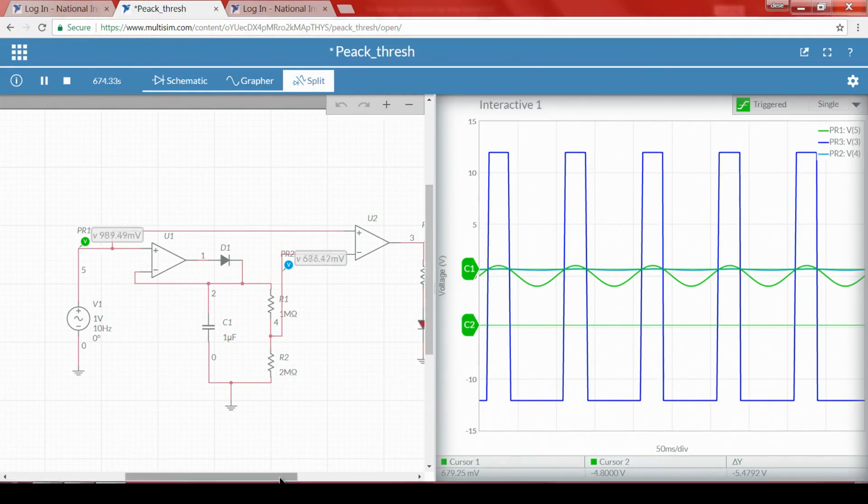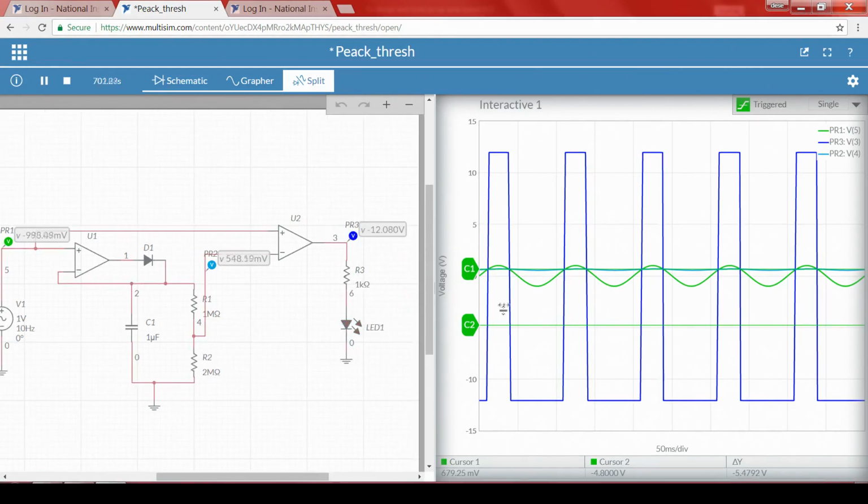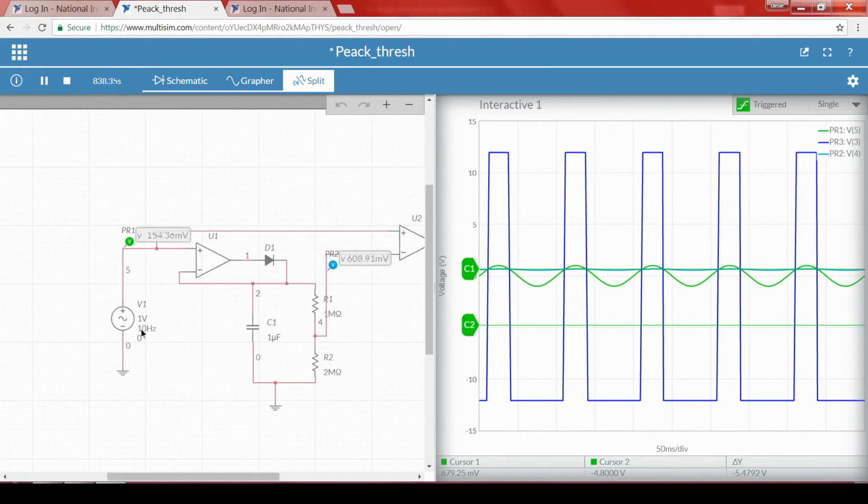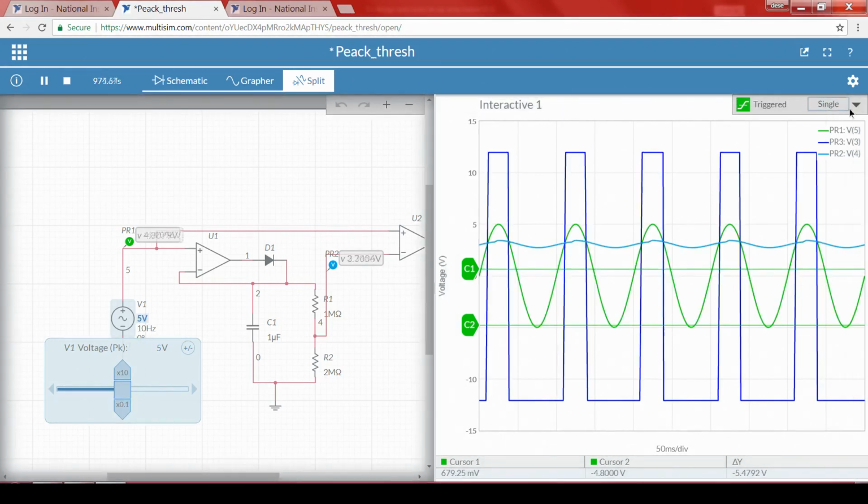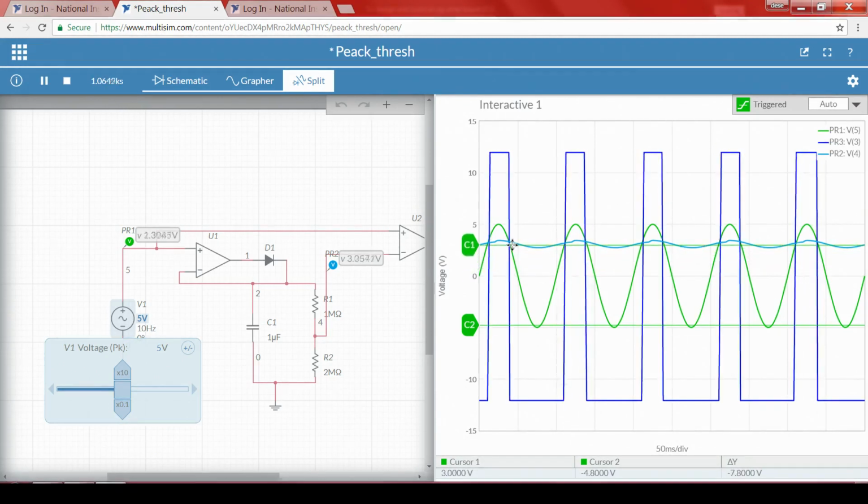Now, whenever the input is greater than the value, we can also see the LEDs keep on blinking, right. If I change the input voltage, even thresholds, everything will change. So, let me make it 5 and change this to auto, right. We can see the threshold is also changed.